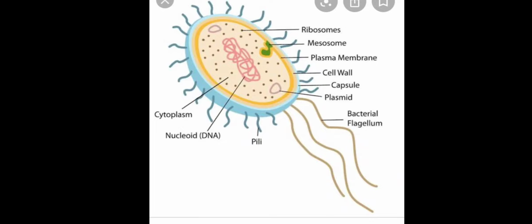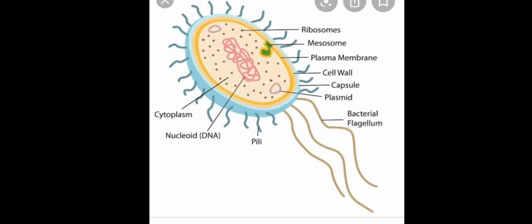We have already discussed that the nucleoid is the region of cytoplasm where the genetic material, that is DNA, is scattered.